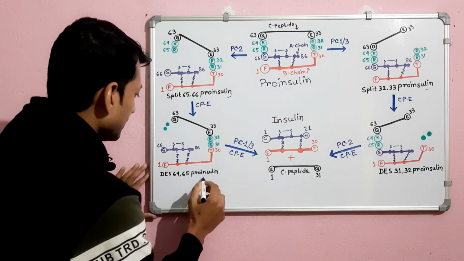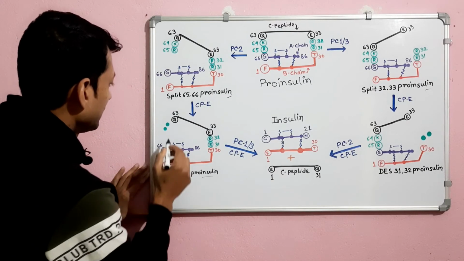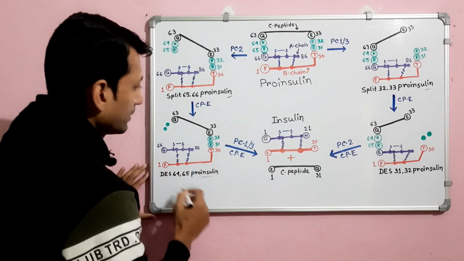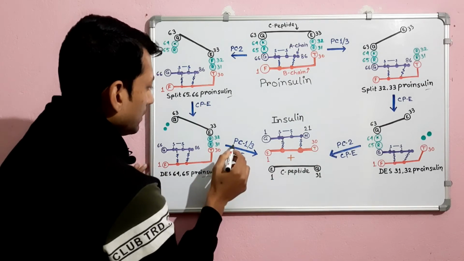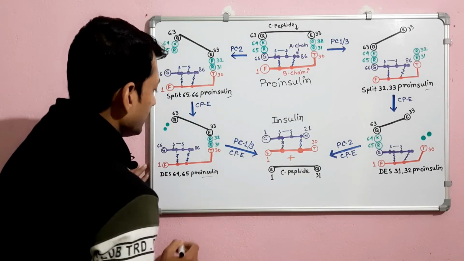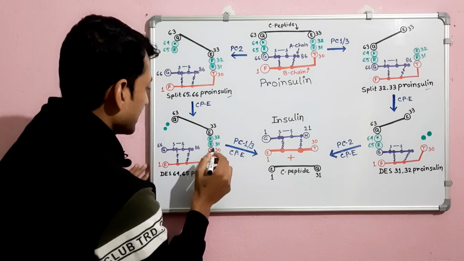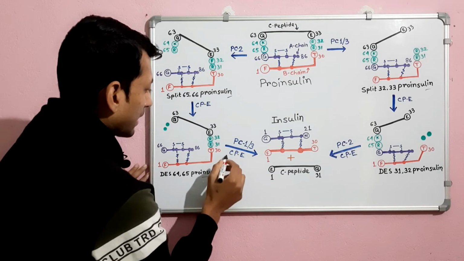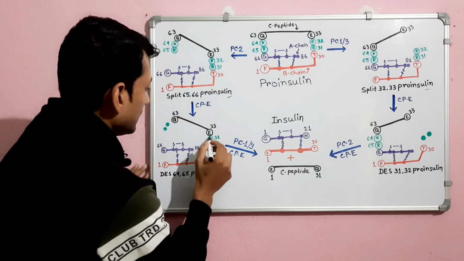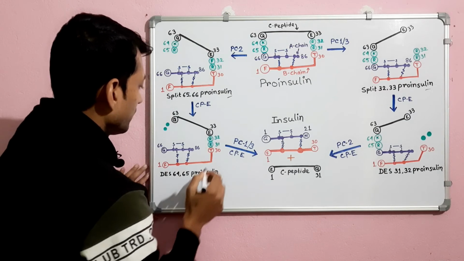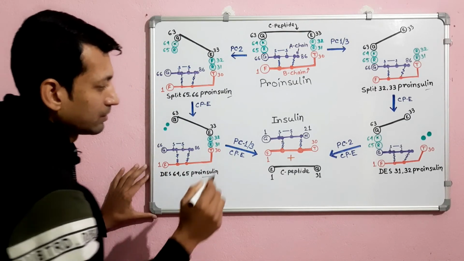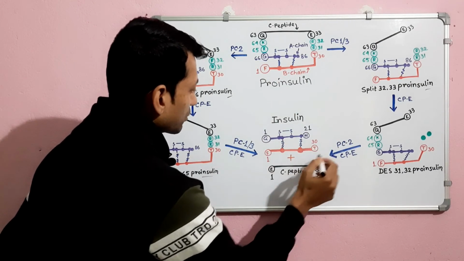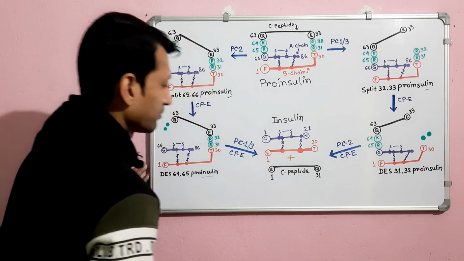As a result, this proinsulin lacks 64-65 positioned residues. Then in this way, prohormone convertase 1 or 3 clips on the carboxylic residues of arginine 32-31 position, and carboxypeptidase E removes these two basic residues from this proinsulin. So finally, in both the pathways, a mature insulin and a mature C-peptide are formed.